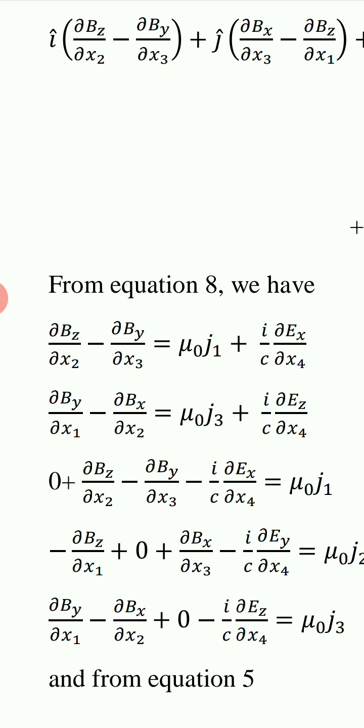We write mu 0 j1 term on right hand side only, and the other term in right hand side is taken to the left hand side. And in left hand side, now we write the terms in this order: delta upon delta x1, delta upon delta x2, delta upon delta x3 and delta upon delta x4. There is no term for delta upon delta x1, so we write 0 for this term.